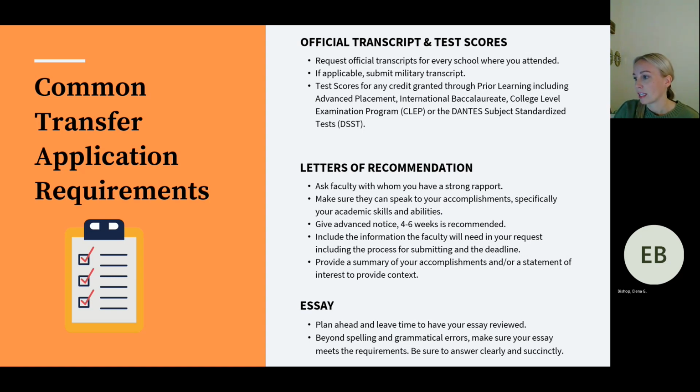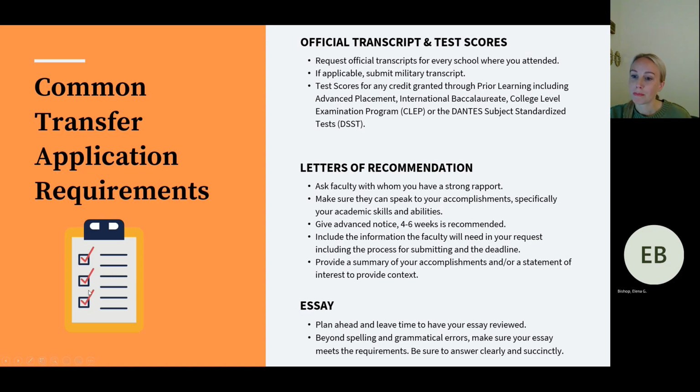Include the information the faculty will need in your request. When you're asking someone to write a letter of recommendation for you, you could provide a summary of your accomplishments or a statement to provide context. You could provide them a copy of your resume and tailor it towards the items that you would like them to consider when writing this letter of recommendation for you.